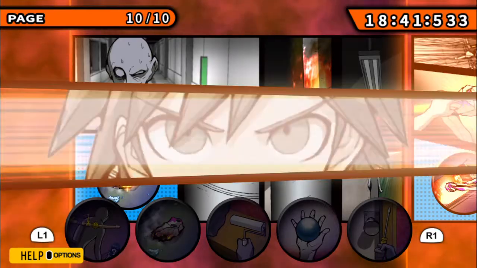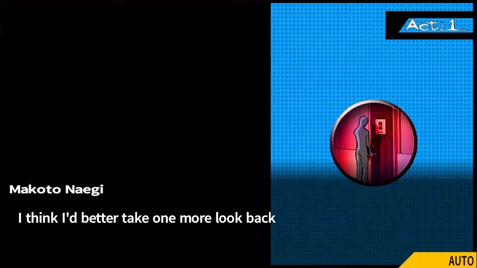Exactly what happened. I think I'd better take one more look back at the case from the beginning.